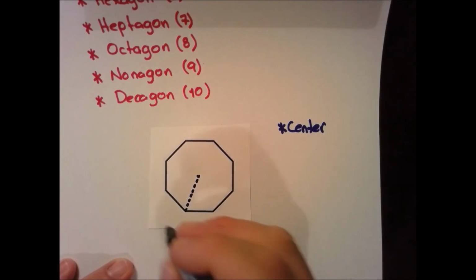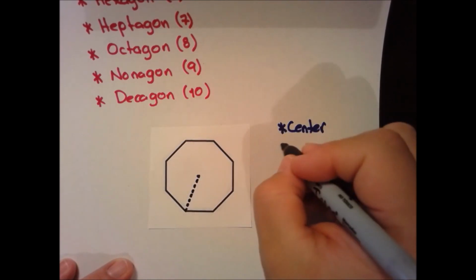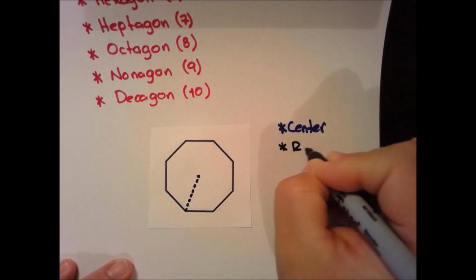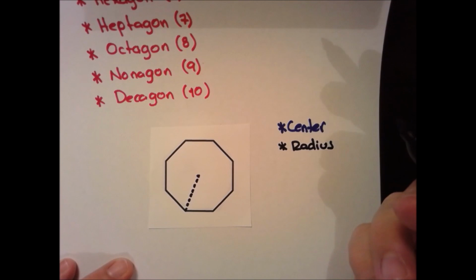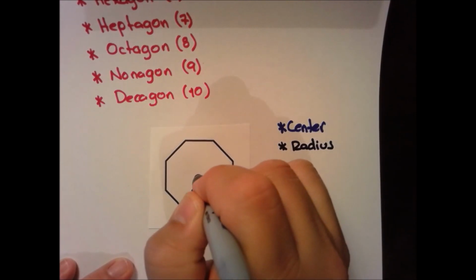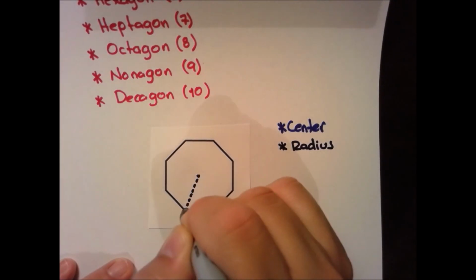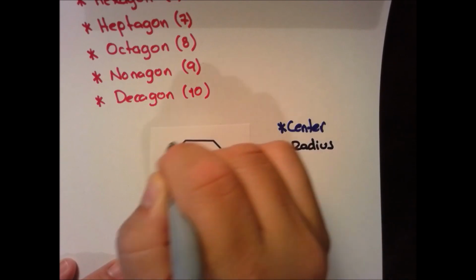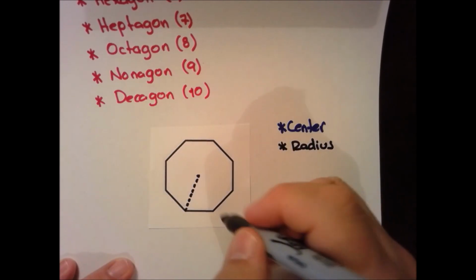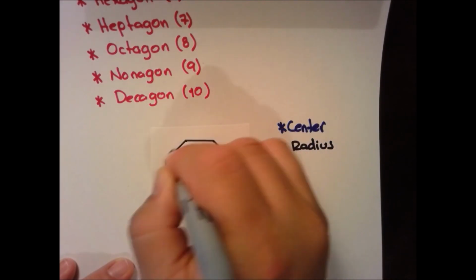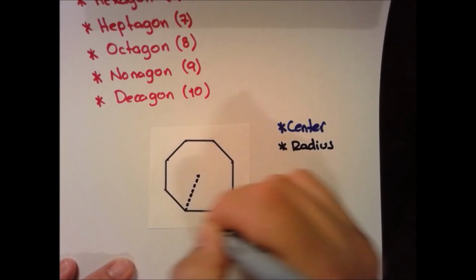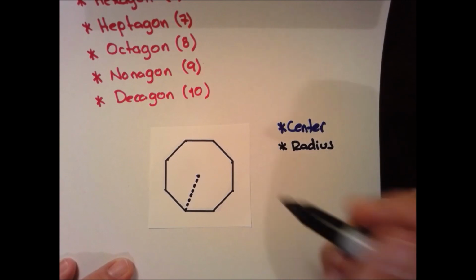In that case, that one is going to be the radius. I understand that this is not a circumference, but if you make a circumference from here to here, the circumference is going to pass through each vertex of the octagon, so that's why it's called radius.